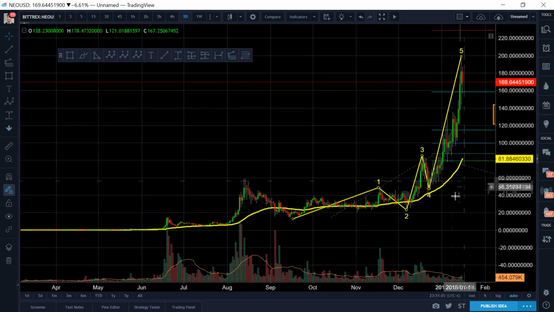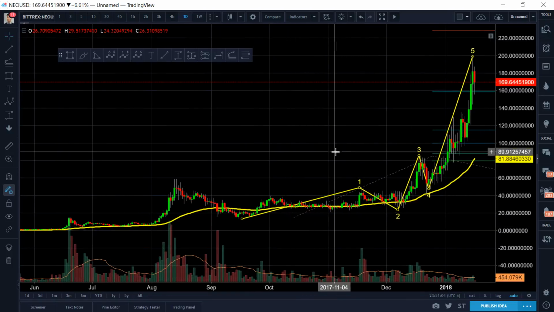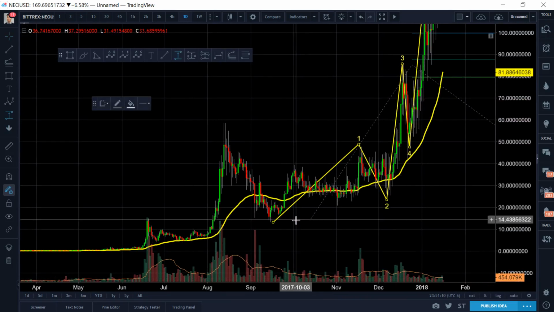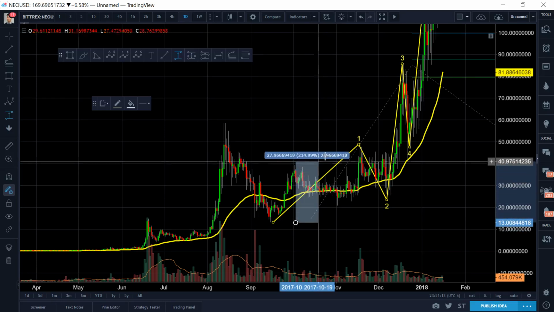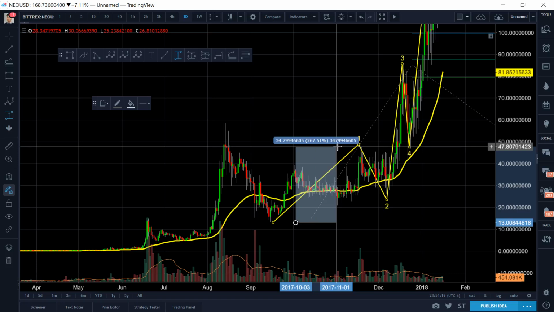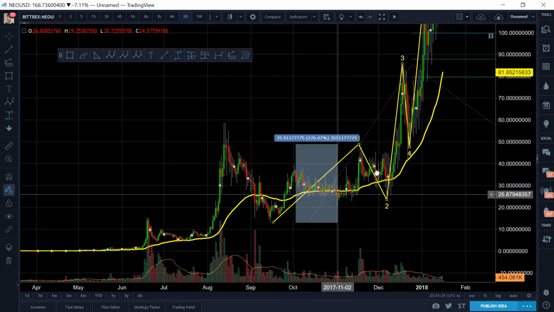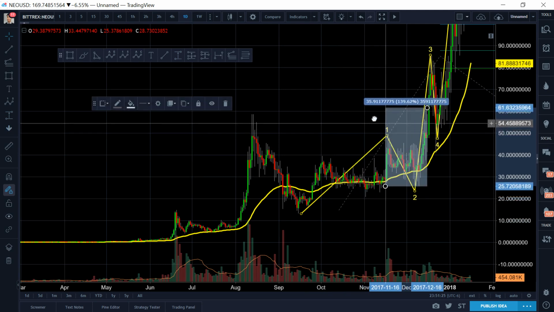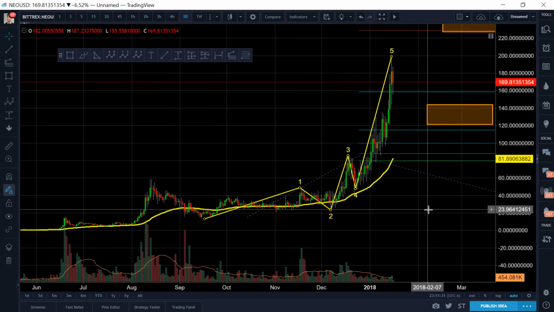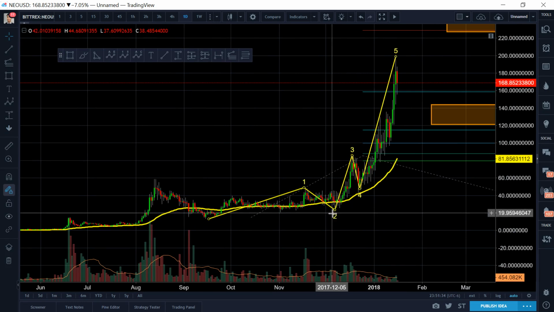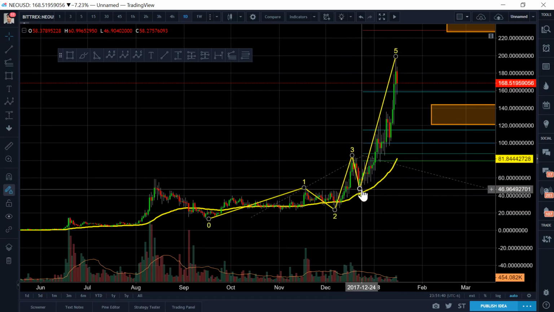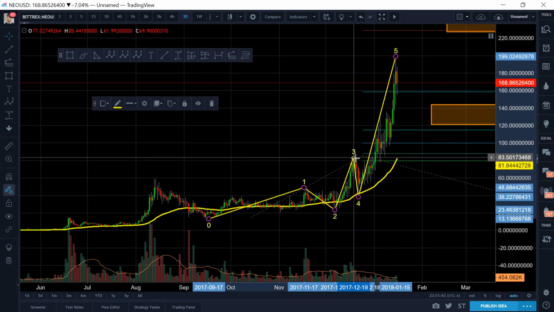First of all, we confirm that the impulse wave 3 is longer just by drawing a little box for wave 1, where it ended, just confirming that wave 3 is longer, because it's always the impulse wave up, and 100% it is, right? So now it fits all the criteria of wave 3 not being the shortest. Also wave 5, extended waves usually do a very parallel line, moving straight up when you draw your lines properly like that.